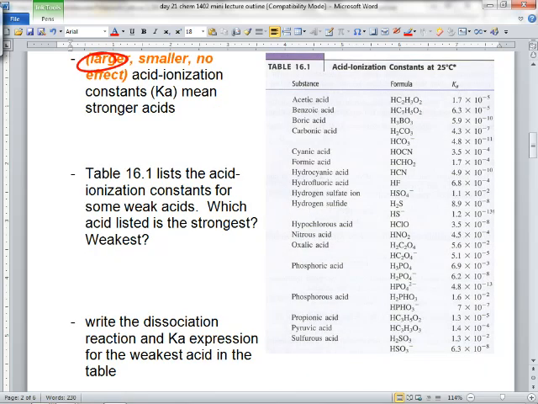So looking at the strongest, Alexa, in this table, which Ka is the biggest? Which one would you say is the biggest Ka in there, Alexa?